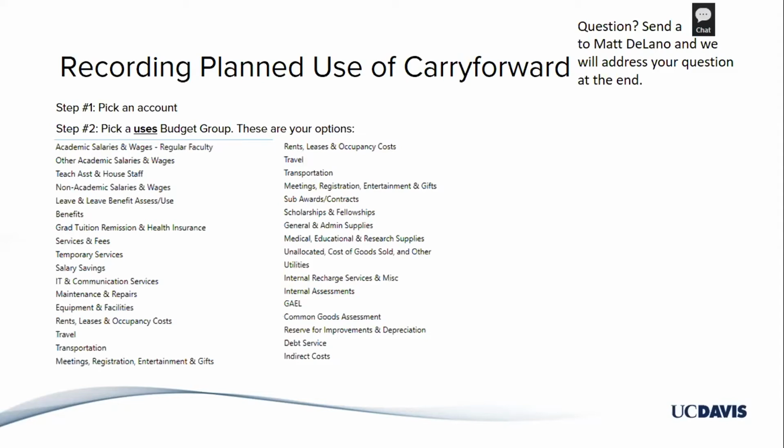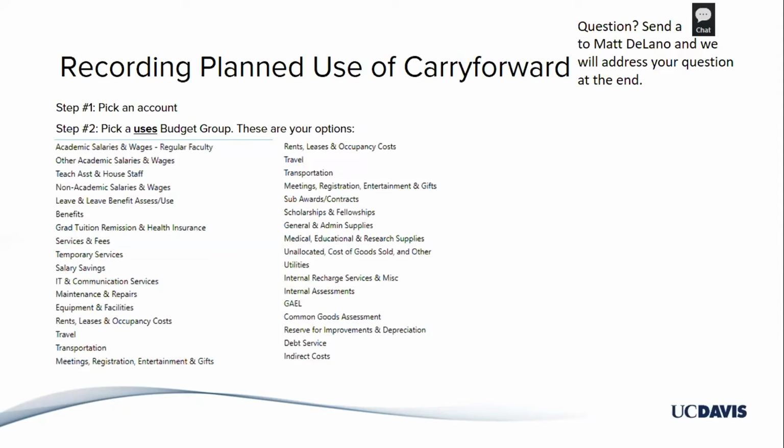And so it's a movement of source from one place to the other. Whereas recording planned use of carry forward is earmarking an expense in your budget. So it shows up in your uses. And this can be for any kind of expense where you're essentially using carry forward instead of current operational funding to do it.